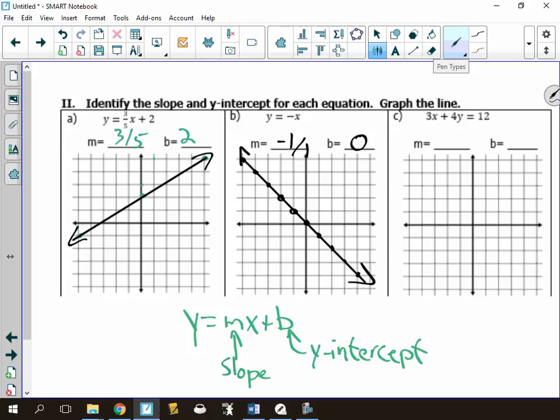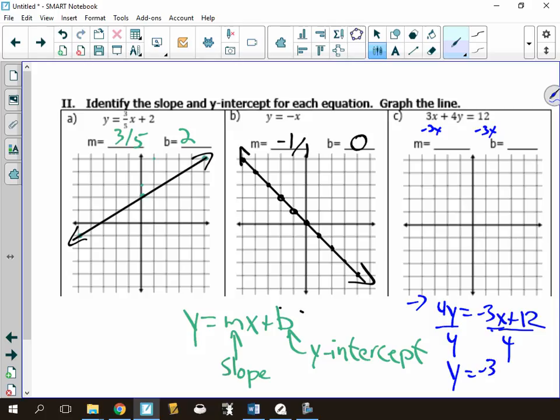For number 3, it's a little bit trickier because it's not solved for y. There's 2 different ways you could attack this problem. One, you could solve it for y, which is what I'm going to guess most of us will do. So you would subtract 3x from both sides, and you would get 4y equals -3x plus 12, and you divide everything through by 4, and you get y equals -3/4 x plus 3.